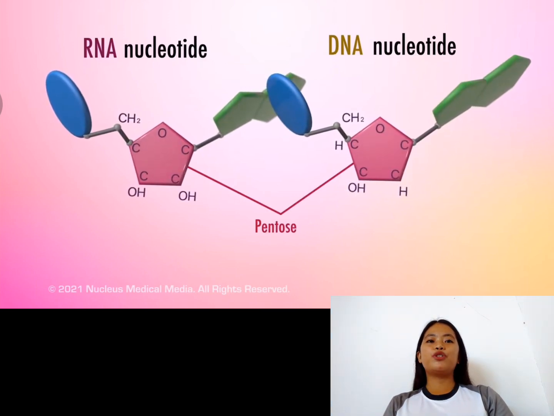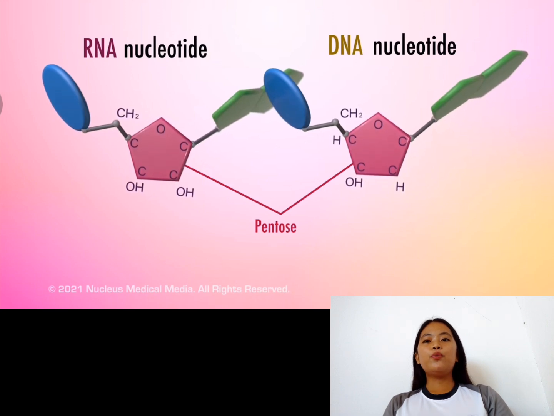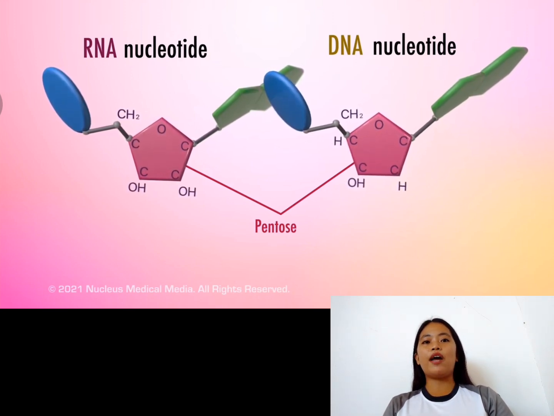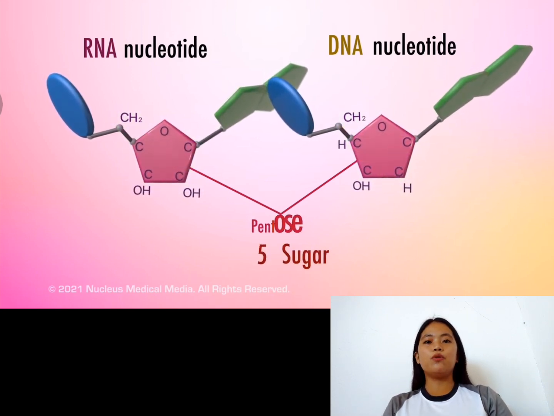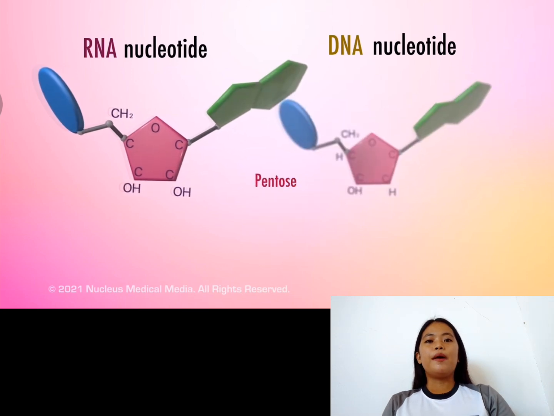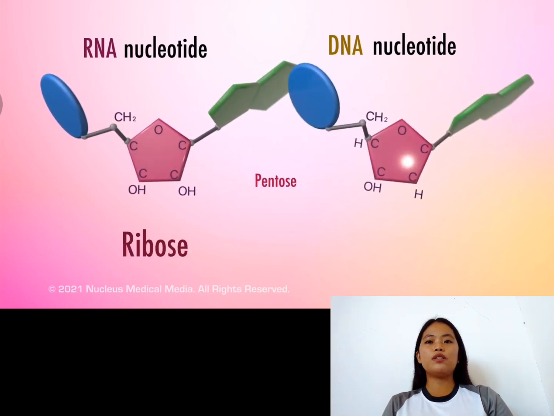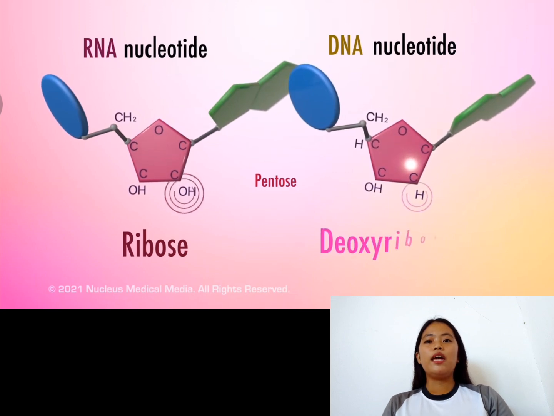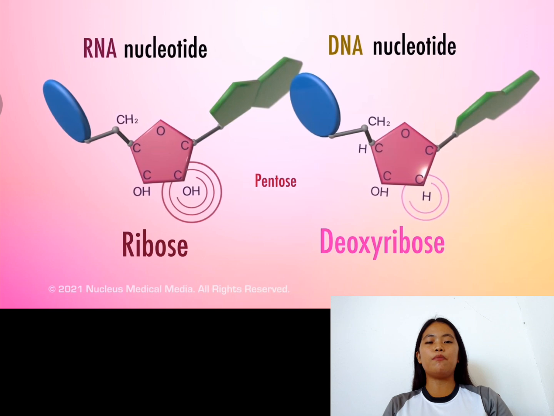Any 5-carbon sugar can be called a pentose. A good way to remember this is that pent means 5 and the suffix -ose means sugar. The specific pentose sugar in RNA is called ribose. The pentose sugar in DNA has one less oxygen than ribose in RNA, which leads to its name, deoxyribose.